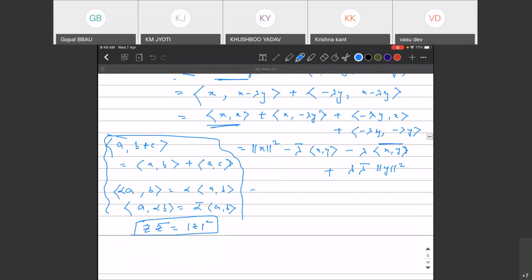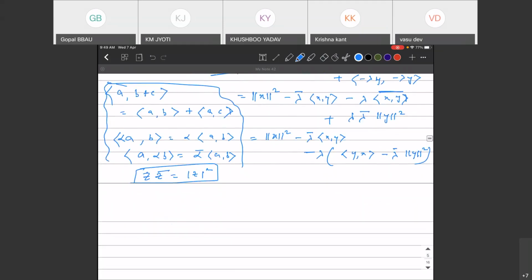Now we get norm x squared minus lambda bar times x comma y, taking lambda common, minus lambda times y comma x, plus mod lambda squared norm y squared.